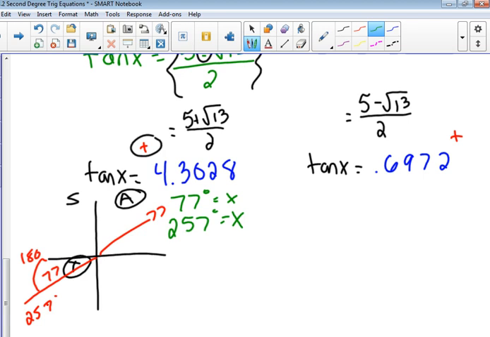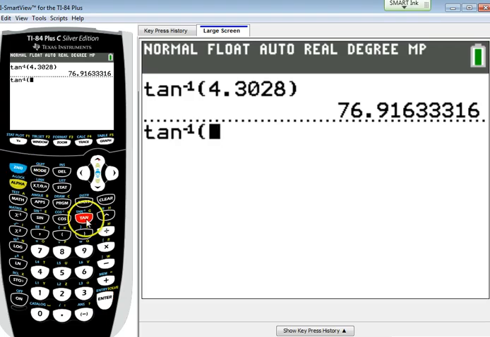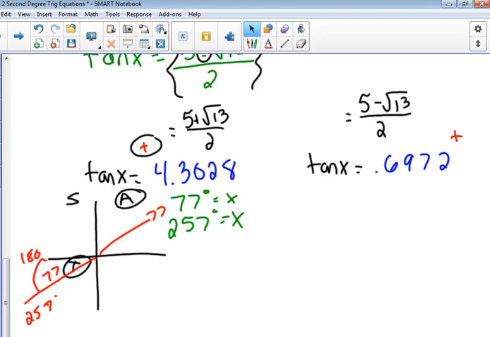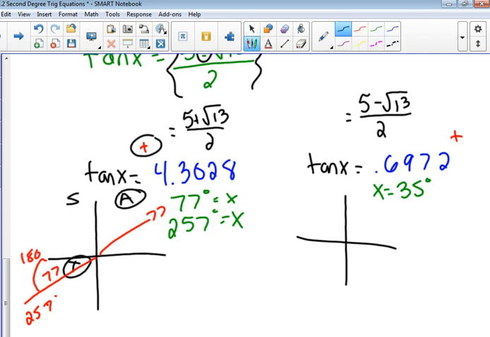Alright, so let's try this one. So second tan of 0.6972. You get 35? Yeah. Alright. So 35 degrees. And again, tangent positive needs to be in the A and the T. Right, so 35 degrees is here.